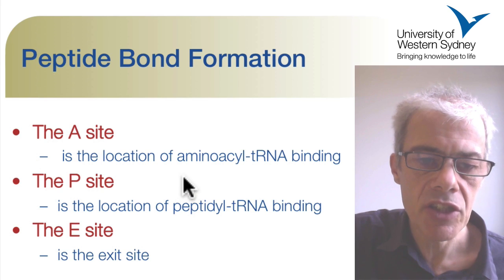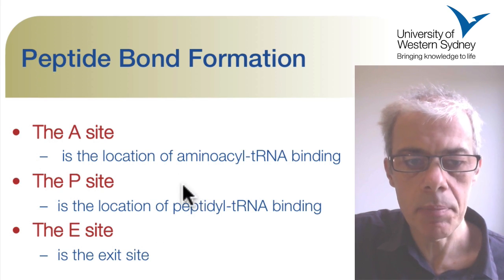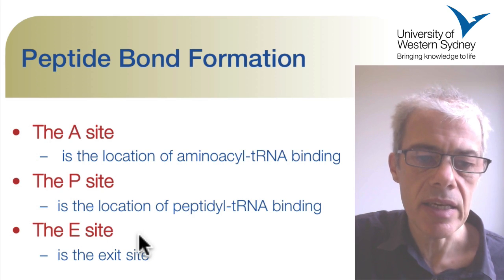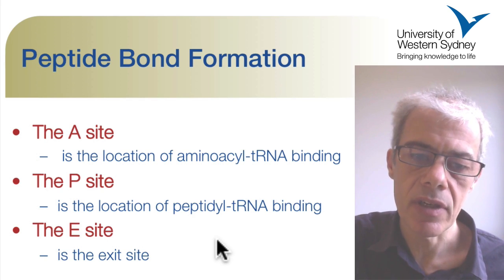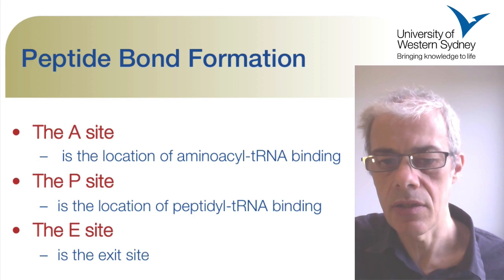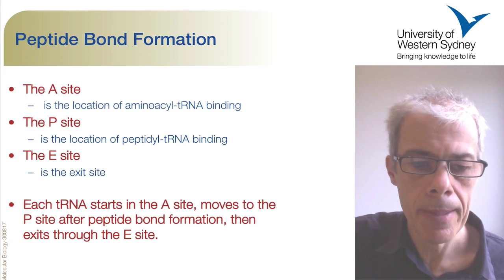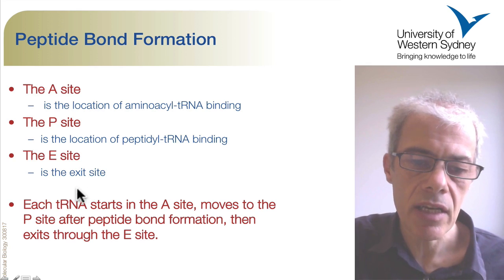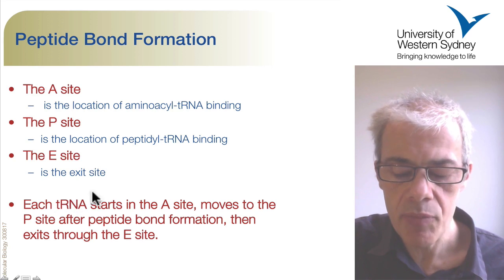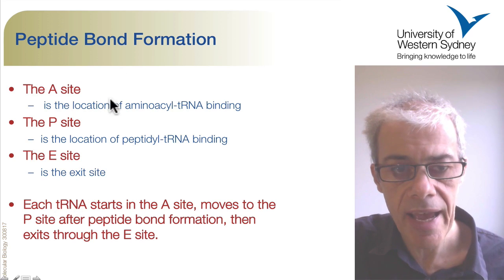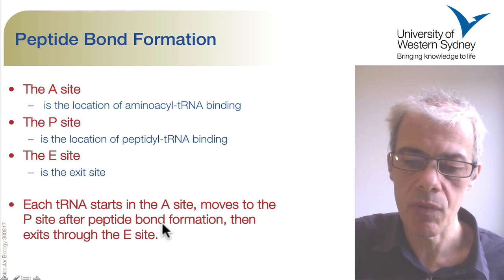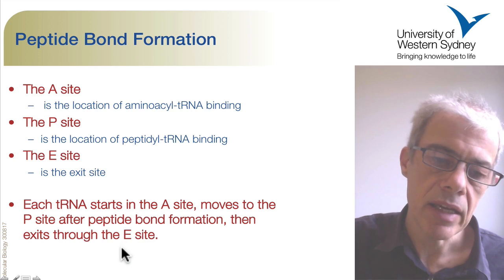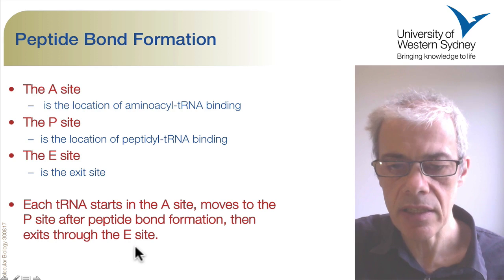The growing peptide chain is located in the P site, and the E site is where the transfer RNA exits after it's donated its amino acid to the polypeptide. So effectively each transfer RNA bringing the amino acid, it enters the A site, it then moves to the P site after peptide bond formation, and then it exits the ribosome via the E site.